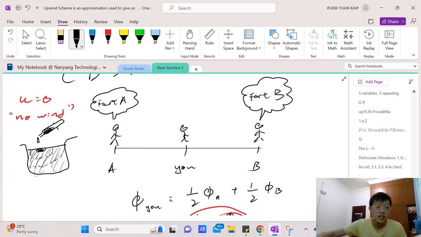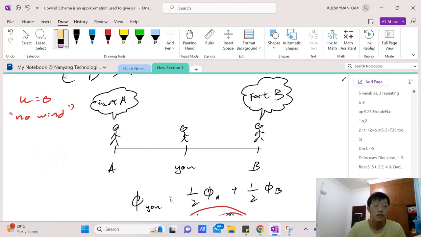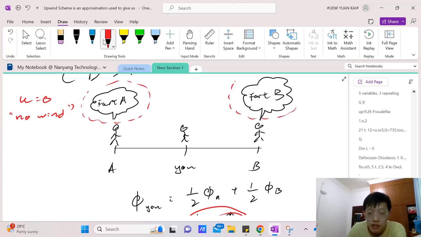So in the case of no wind, the only way for the fart to reach you is through diffusion. The fart from A and the fart from B will slowly spread outwards.